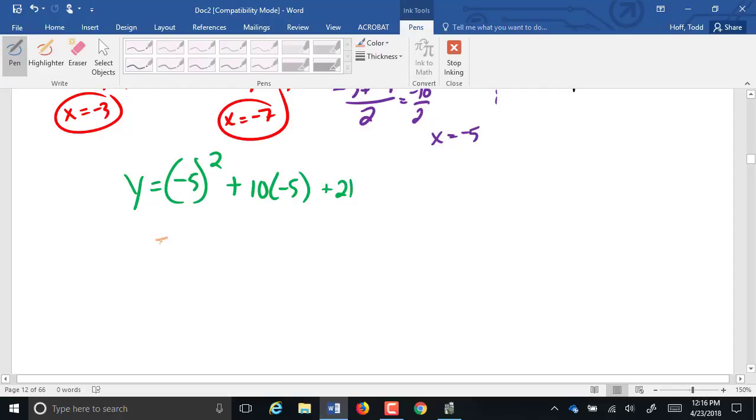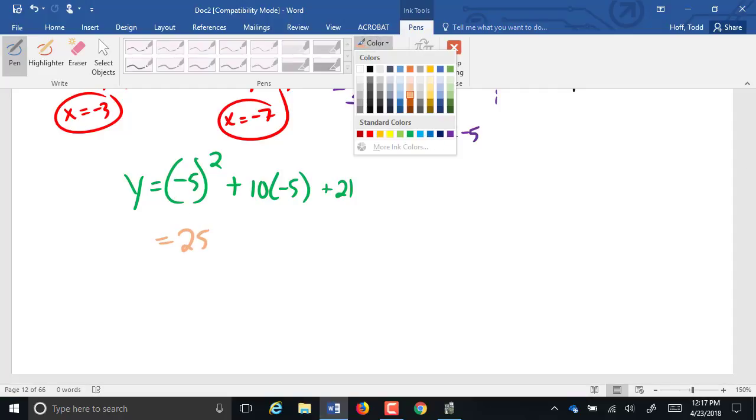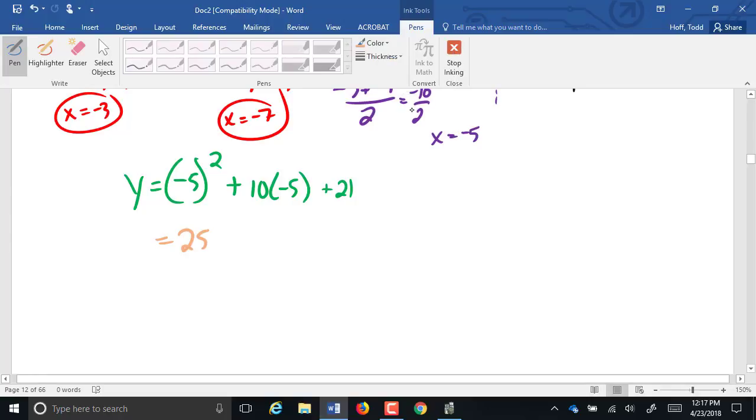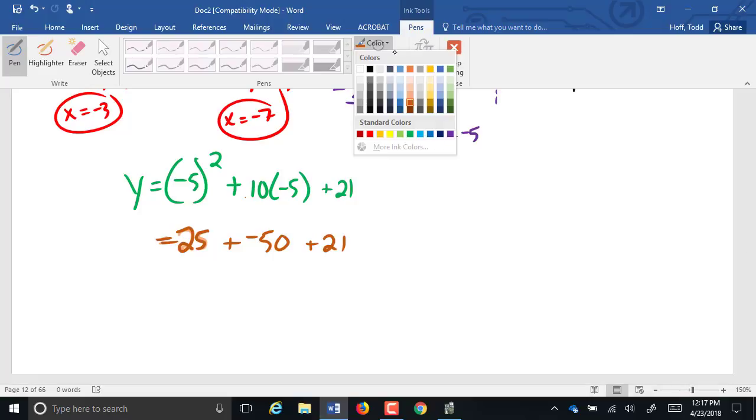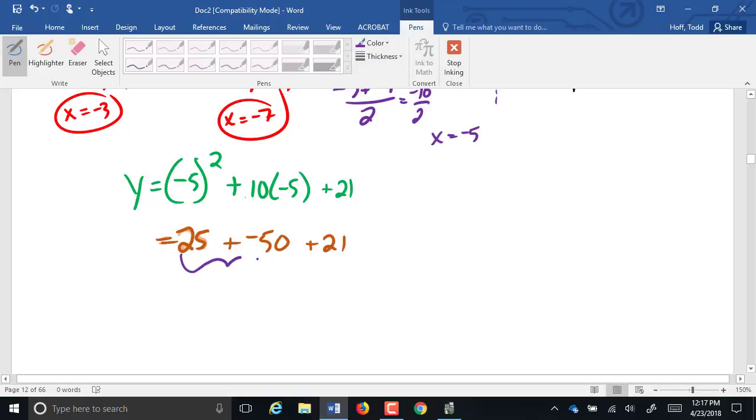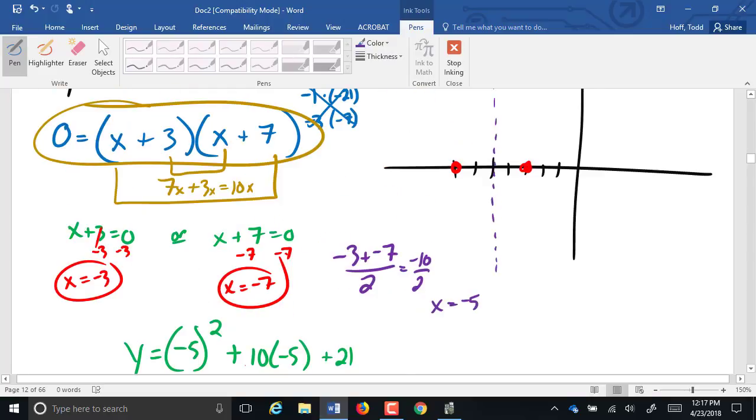Negative 5 squared is positive 25. 10 times negative 5 is a negative 50 plus 21. 25 plus negative 50 is negative 25. Negative 25 plus 21 is a negative 4. So y equals negative 4. So 1, 2, 3, 4, there's y right there. And that gives us our parabola.